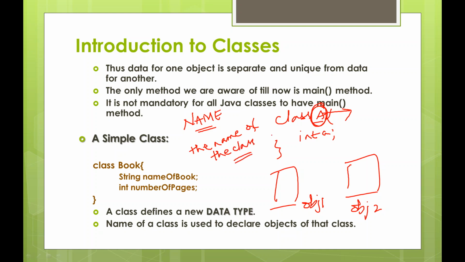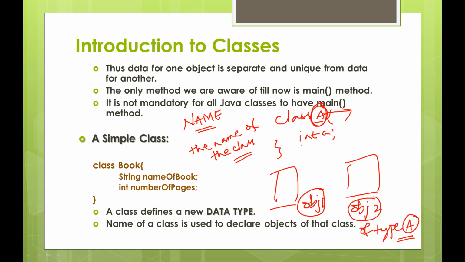Object 1 and object 2 are both of type A. In the next few slides we will understand what exactly of type A means.